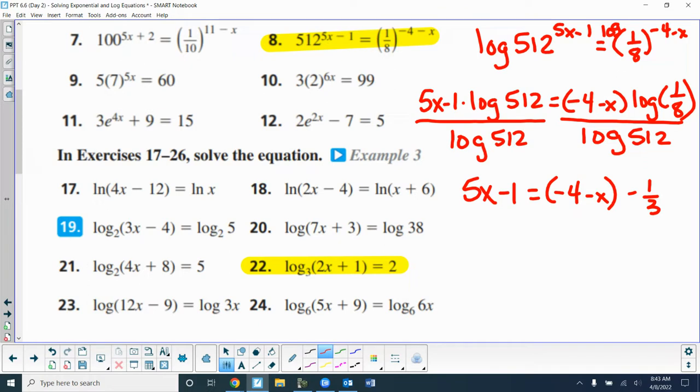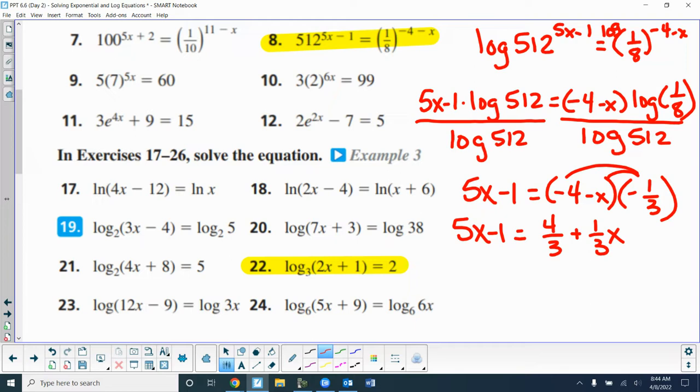Okay, now I have to distribute this answer here. Okay, so it's 5x minus 1. Negative 4 times negative 1/3 is a positive 4/3. And negative 1 times a negative 1/3 is a positive 1/3 x. So now my equation looks like that.